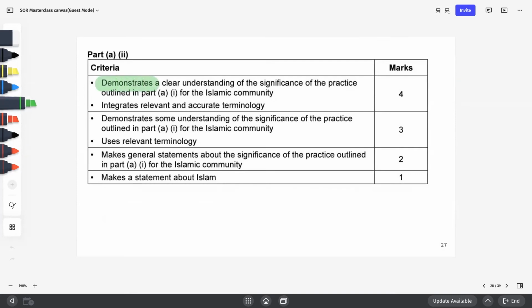You have to demonstrate an understanding of significance, and you have to integrate relevant and accurate terminology. Look at this terminology. And this is understanding.